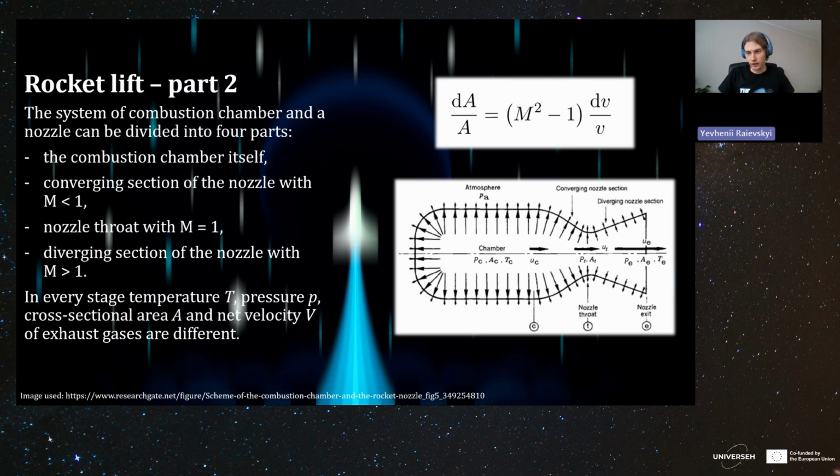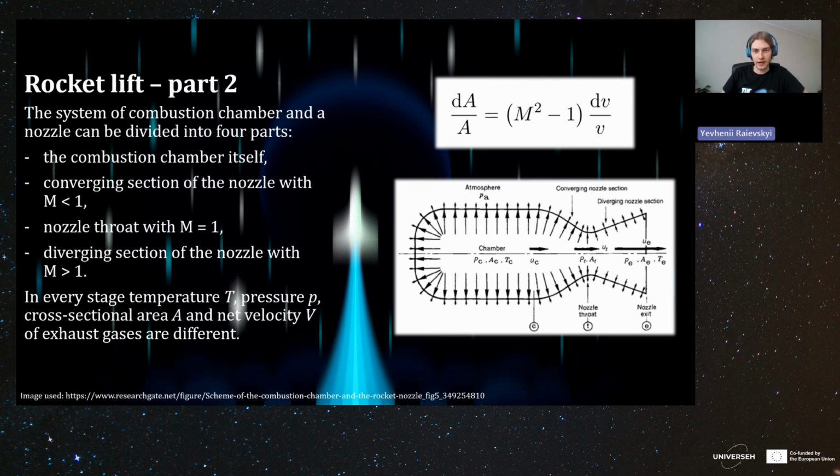But if we go to the right, there's the divergent nozzle section where you have this M parameter greater than 1. So this M squared minus 1 is greater than 0.